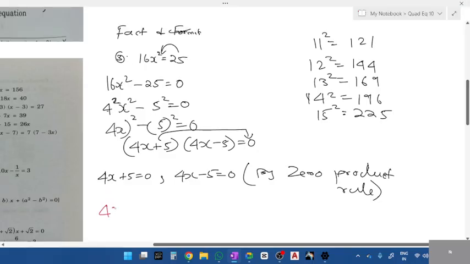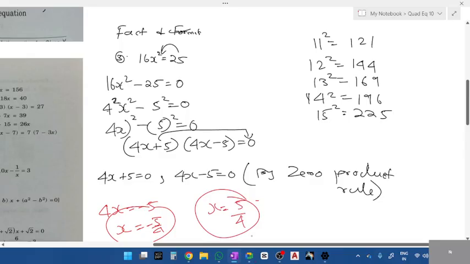Okay, solve this equation. 4x is equals to minus 5. X is equals to minus 5 by 4. And writing this 0 is mandatory.